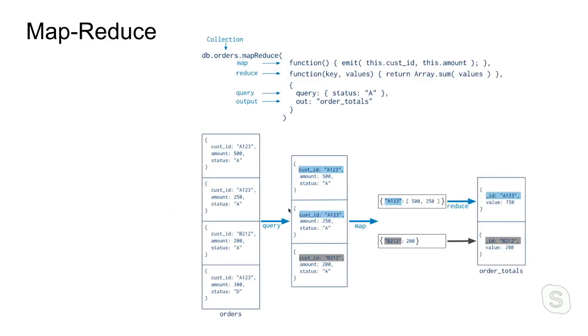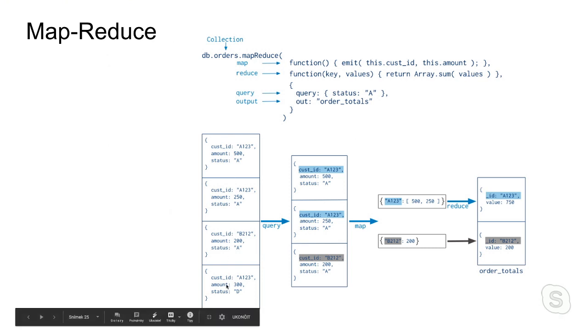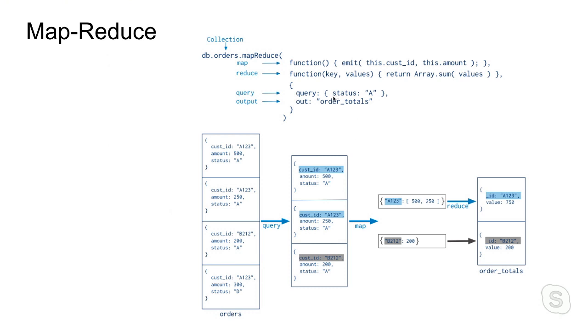Okay, there's map reduce. MongoDB offers this option. I never used map reduce in Mongo. I use it in other databases, but for those of you who don't know what it is, you've got some set of data, which is the first column, and you pass a first function, which is a query. In this case, it will match all documents where the status is A. So you get a smaller set.